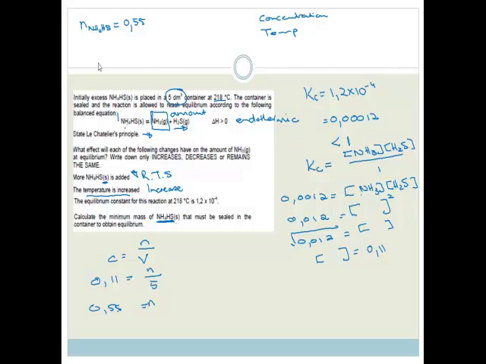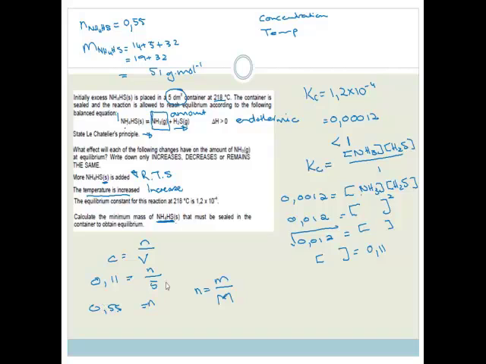So the molar mass of NH4HS is nitrogen, which is 14, plus 5 times 1, which is 5, plus sulfur, which is 32. So that is going to be 19 plus 32, which is 51 grams per mole. So therefore we can use number of moles is mass over molar mass.